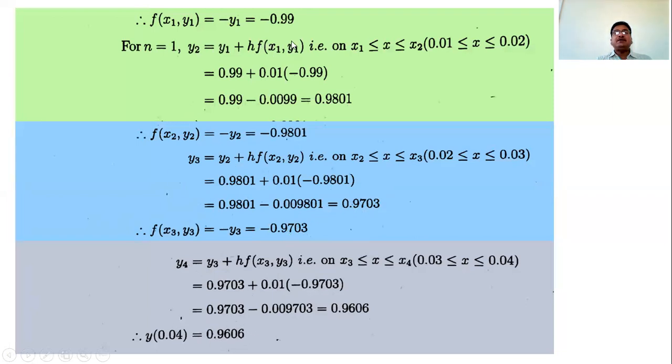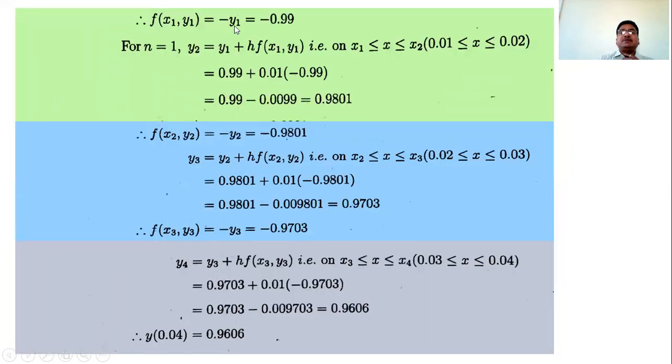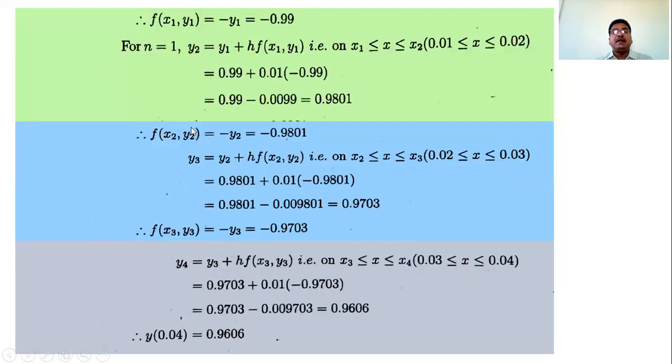Here f of x1 y1 is what? f of x1 y1 means, what is the formula of f(x,y)? f(x,y) is minus y. So f of x1 y1 is minus y1, means minus this y1, which is 0.99, so minus 0.99. Similarly here f of x2 y2, we have to substitute the value of f of x2 y2. So what is f of x2 y2? It is minus y2, because f of x y is minus y.